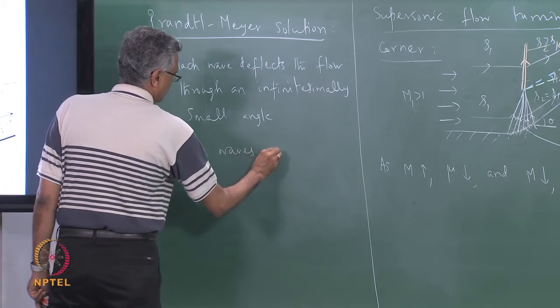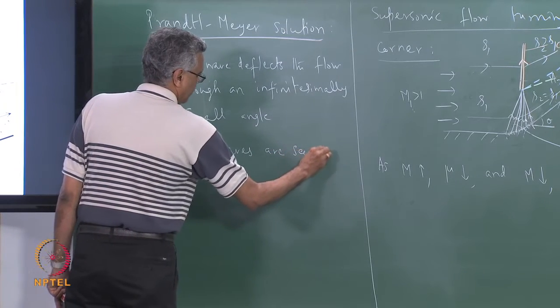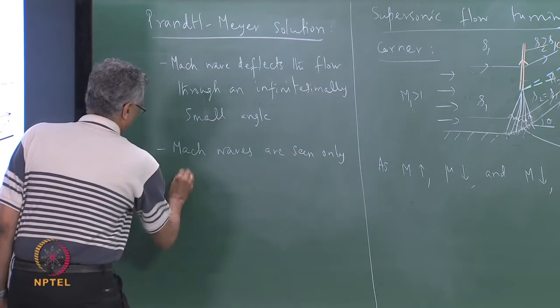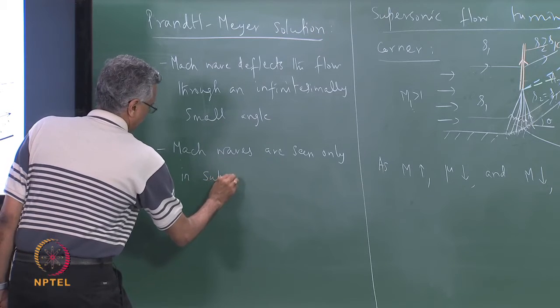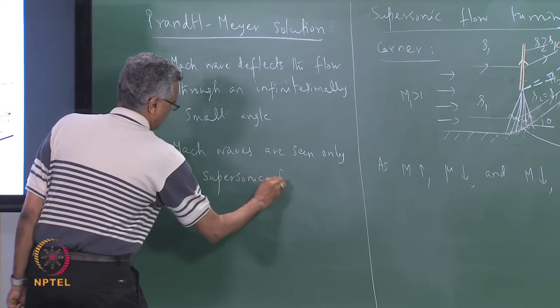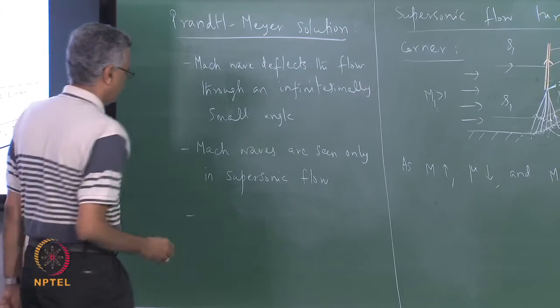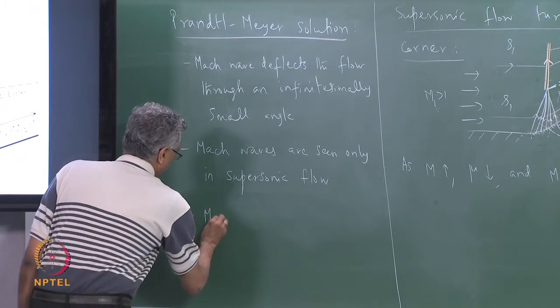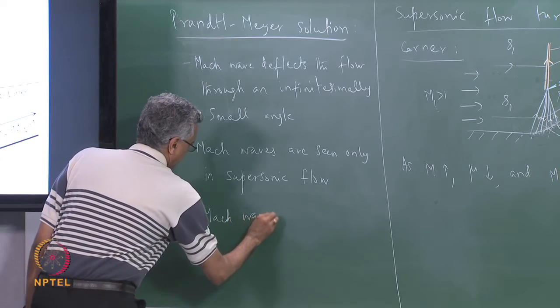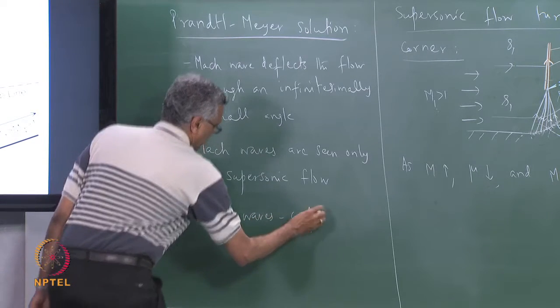And Mach waves are seen only in supersonic flows. And as we just wrote down, Mach waves can be compressive or expansive.